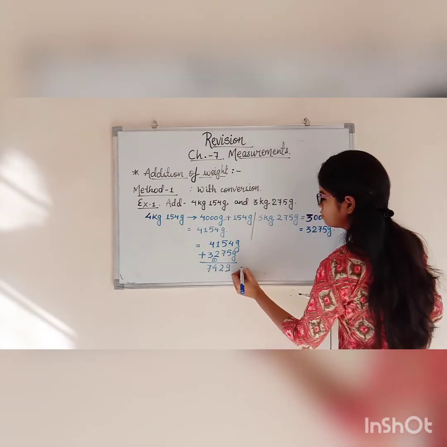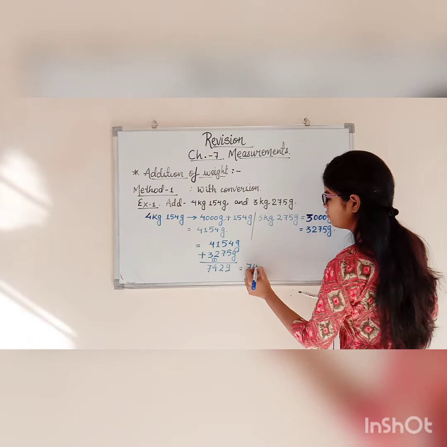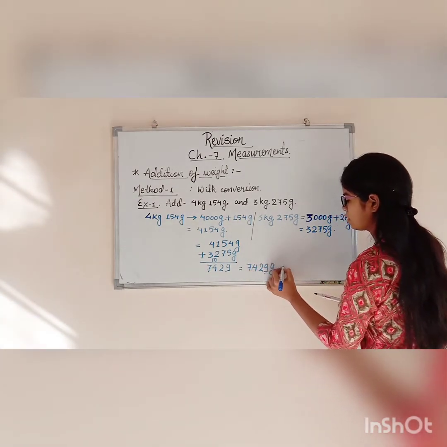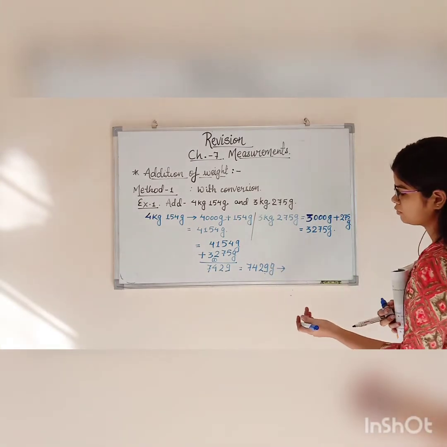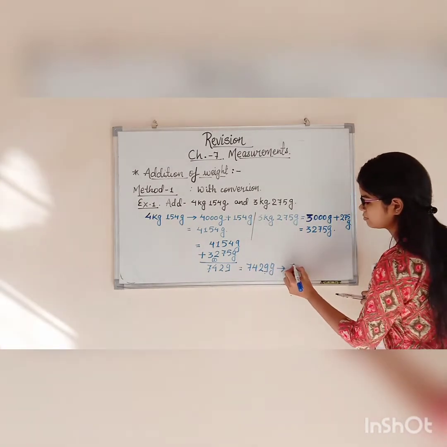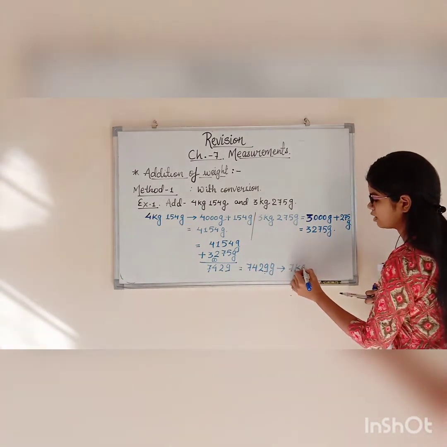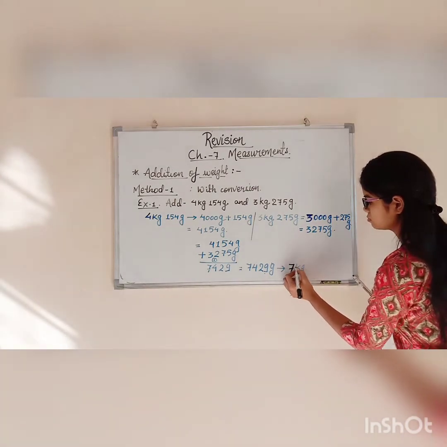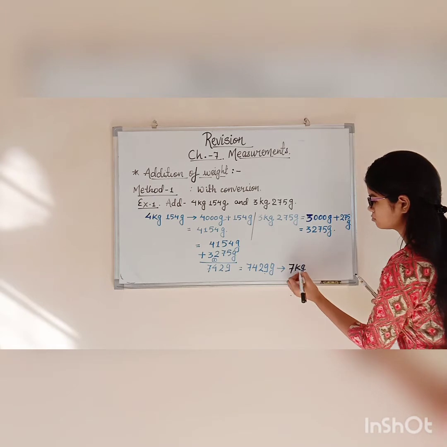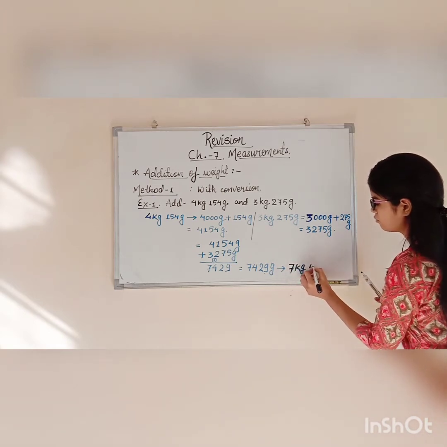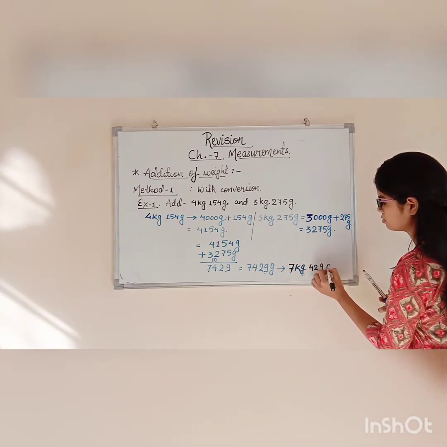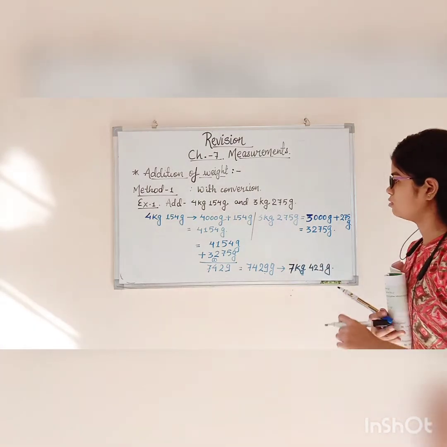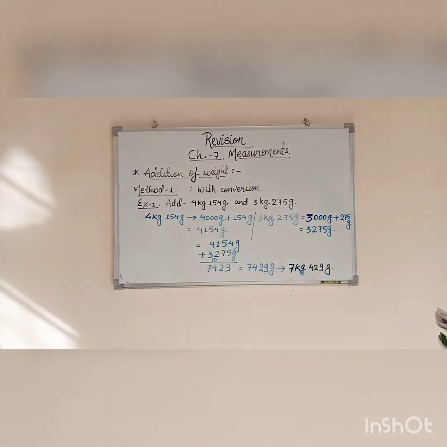It means 7429 grams. And we can write this measurement as 7 kilogram and 429 grams. Is it clear? So write this question.